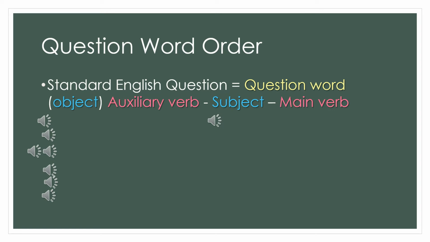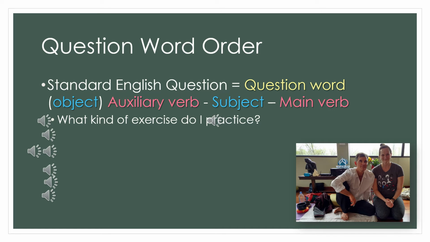Sometimes you include the object after the question word when you're asking a question in English. For example, what kind of exercise do I practice? What is the question word, and kind of exercise is the object.